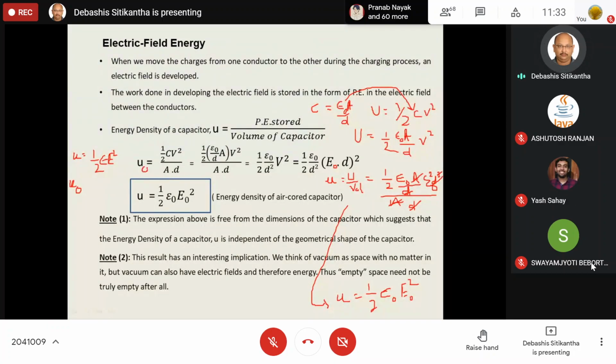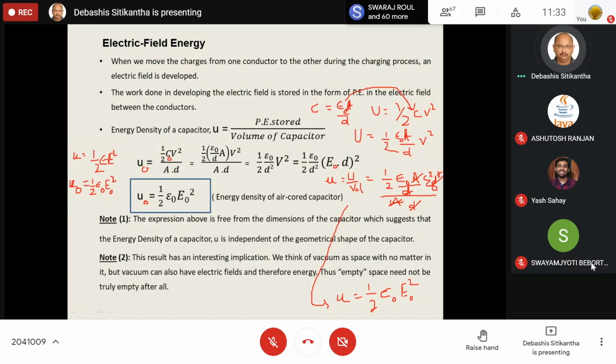U0 is nothing but what? The energy density of an air core capacitor. So U0 is equal to half epsilon 0 E0 square. Got it? Yes, sir. So this expression is purely meant for capacitors with air or vacuum as the dielectric medium.